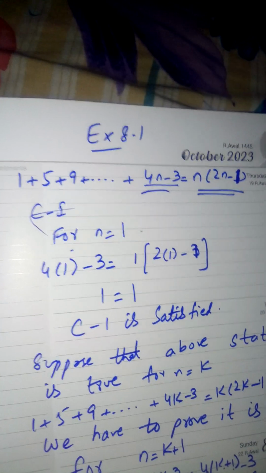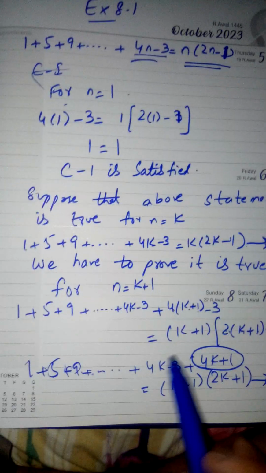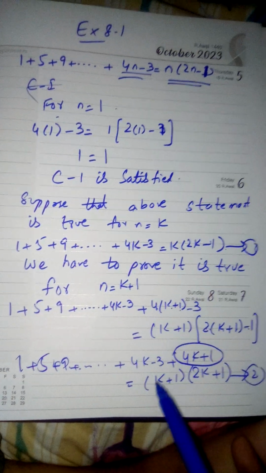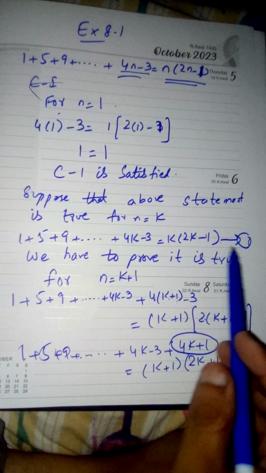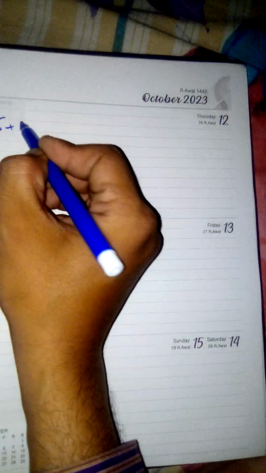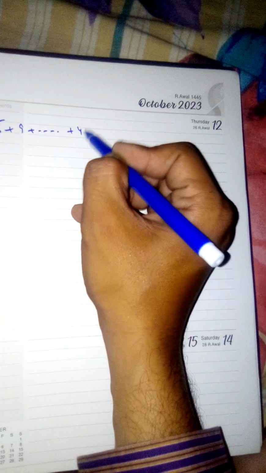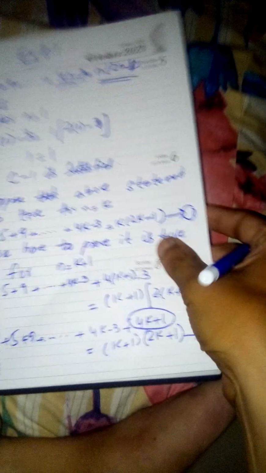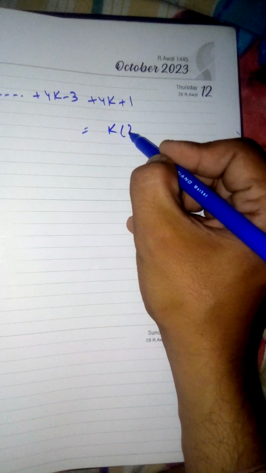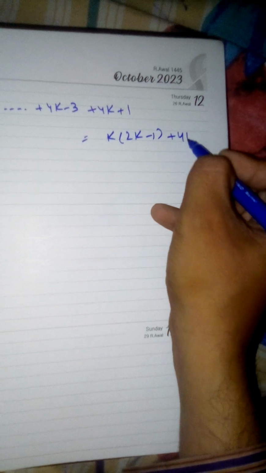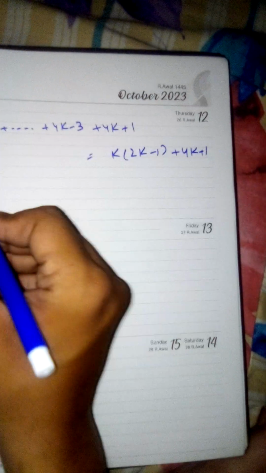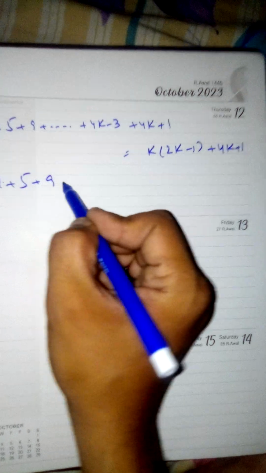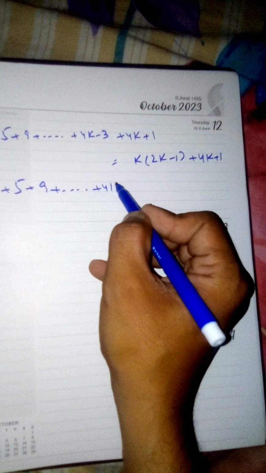It becomes 1 plus 5 plus 9, and so on up to 4k minus 3 plus 4k plus 1 equals k times 2k minus 1 plus 4k plus 1. When we multiply, it becomes 2k square minus k plus 4k plus 1, which is 2k square plus 3k plus 1.